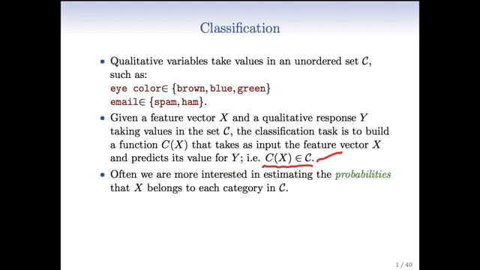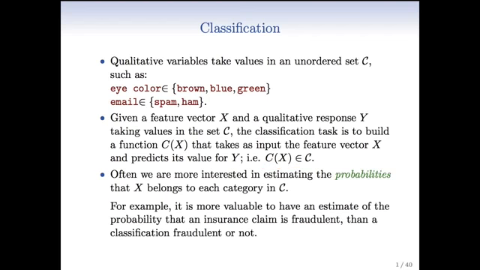Now, although classification problems are always couched in this form, we're often more interested in estimating the probabilities that x belongs to each category C. So for example, it's more valuable for an insurance company to have an estimate of the probability that an insurance claim is fraudulent than a classification of fraudulent or not.